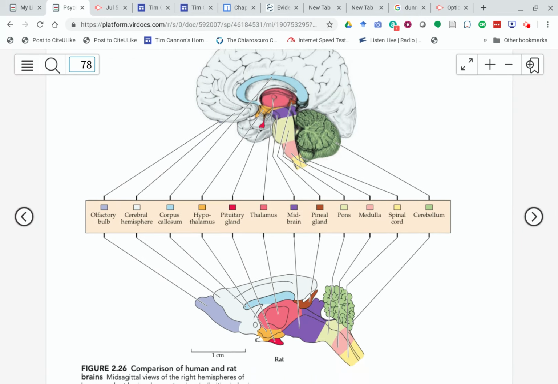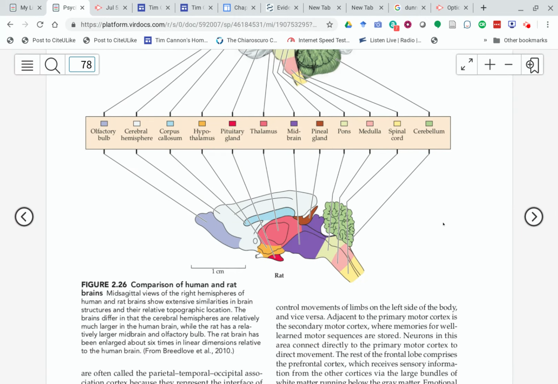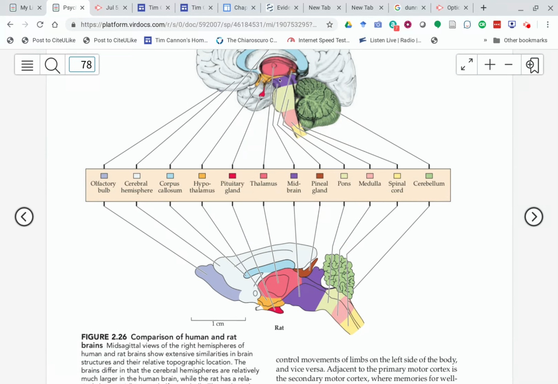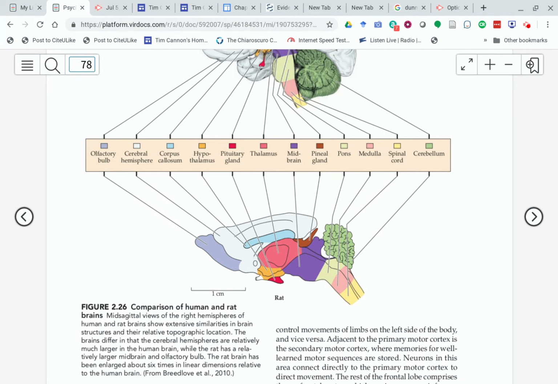Okay, here's us versus rats. And I did most of my research in rats. I think they have shortchanged the rat on the midbrain. See the midbrain up here, purple? It really should end about here. The pons should be bigger, and they should have moved the medulla up a bit. But look at the olfactory bulbs of rats.